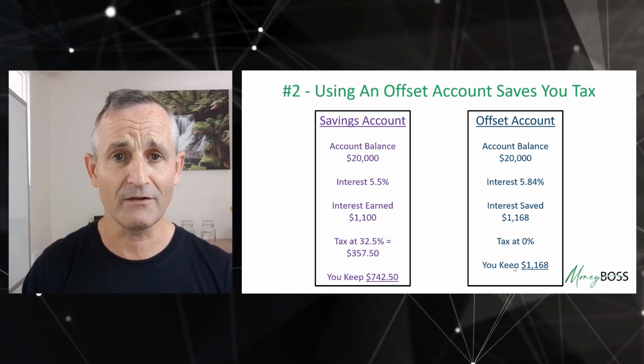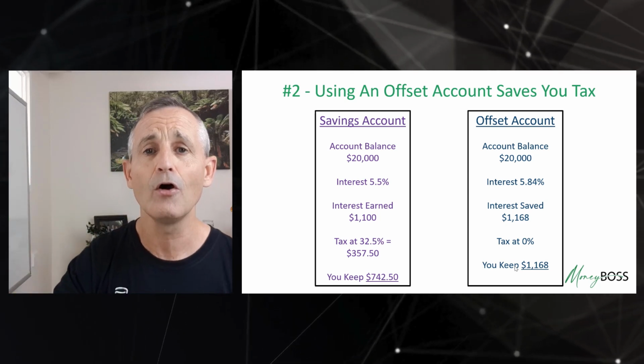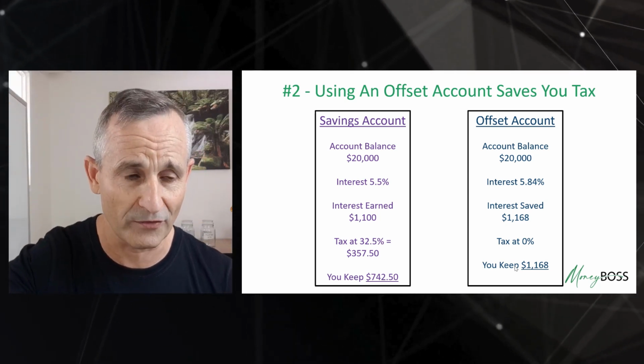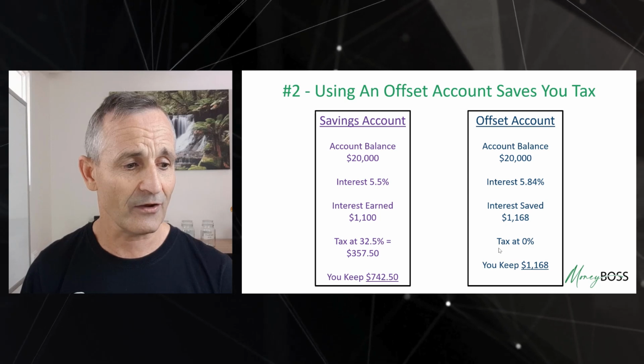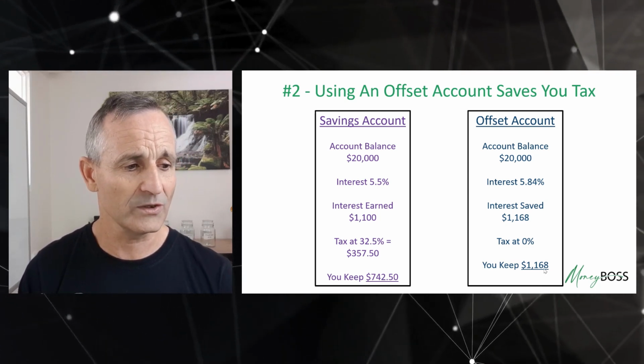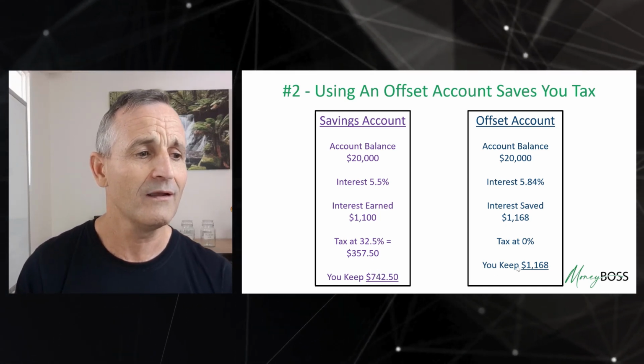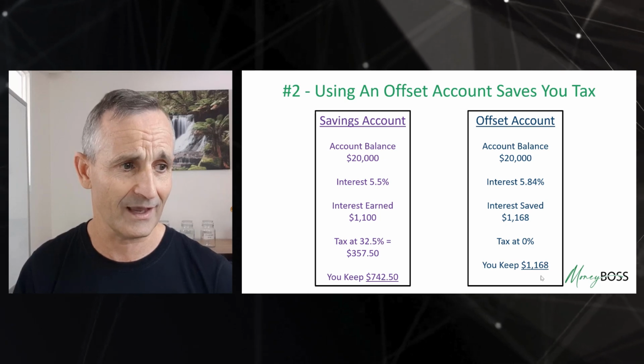But the big benefit here is that I don't pay any tax on this because it's money I've saved rather than money I've earned. So there's no tax. So at the end, I get to keep the whole $1,168, which I'm hoping you can see is about, what, $420 odd more than using a savings account.